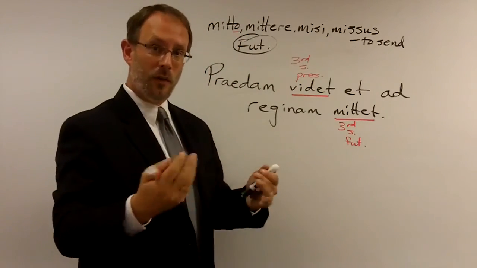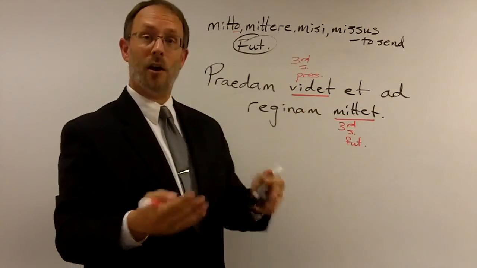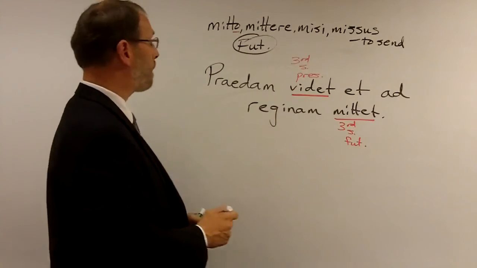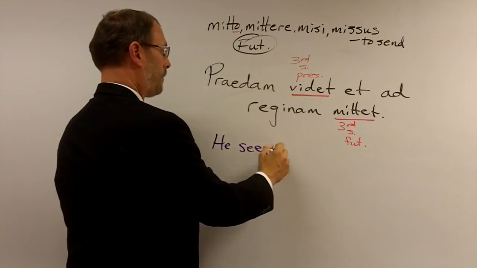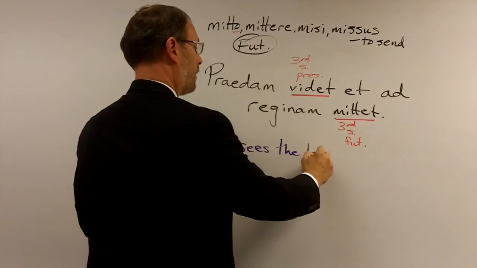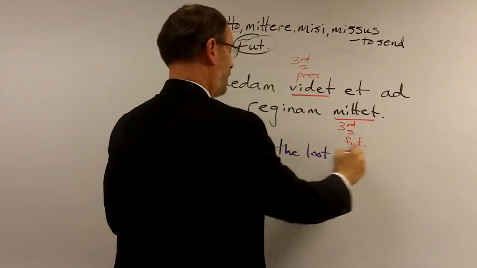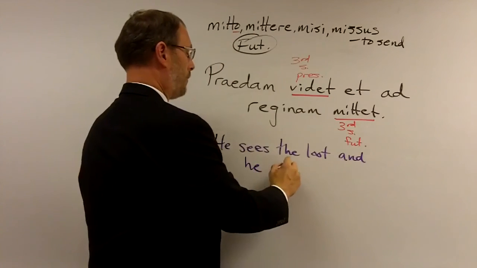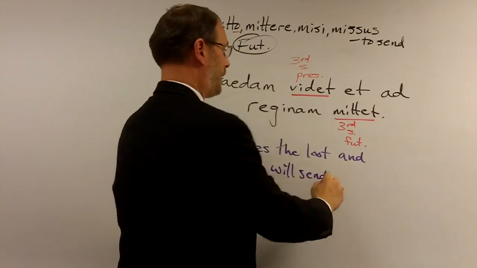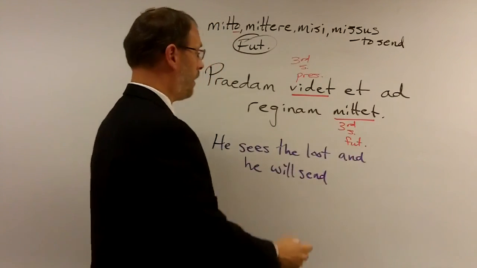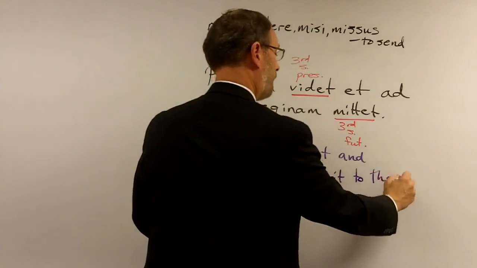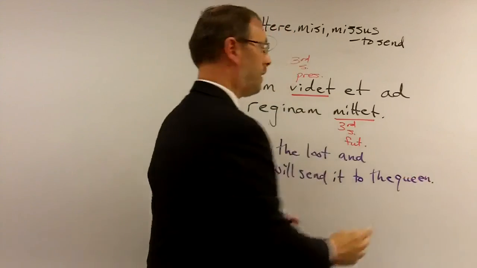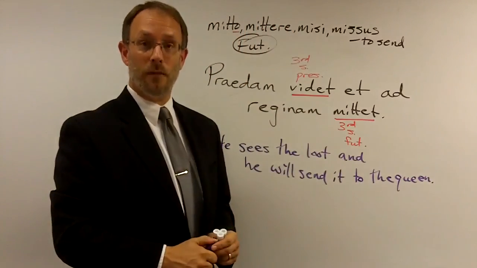Now listen to how these verbs that look very much alike are actually translated very differently. He sees, present tense, the lute. And he will send, because mittet is future tense, it to the queen. And that's third conjugation, future tense.